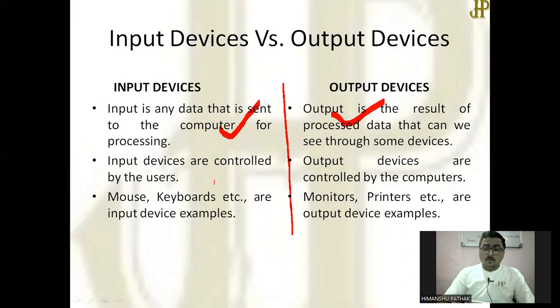I am going to type something with the help of keyboard. That's why input devices are basically controlled by the user, while output devices are controlled by the computer. Why? Because whatever the process data, whatever the intermediate data or result is to be shown either through the monitor or with the help of printer, you have to take the hard copy. That's why these devices are controlled by the computer itself.